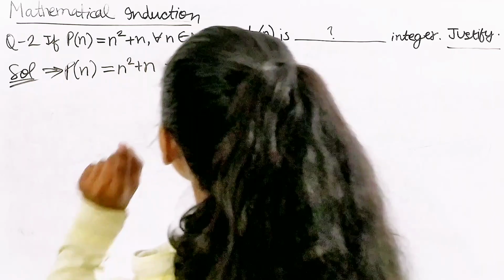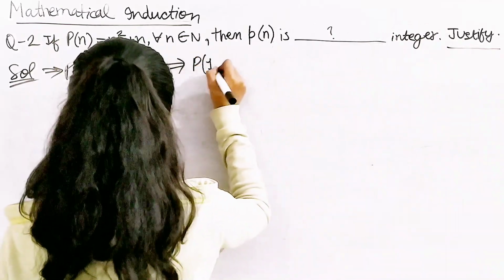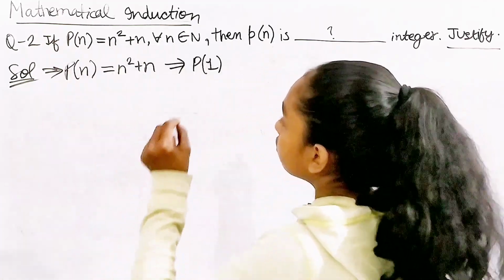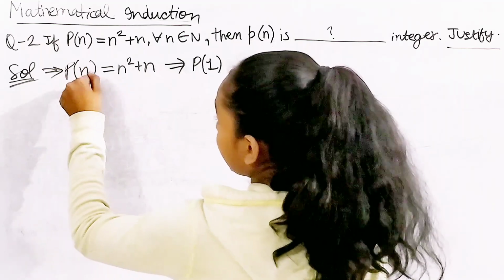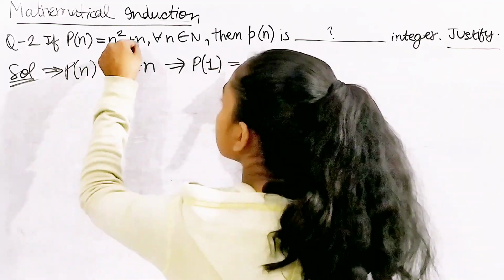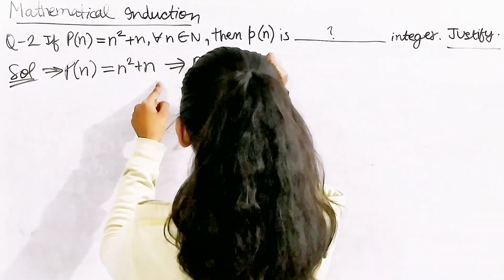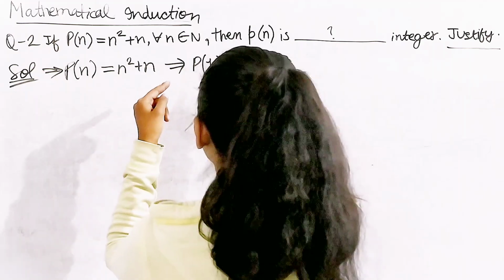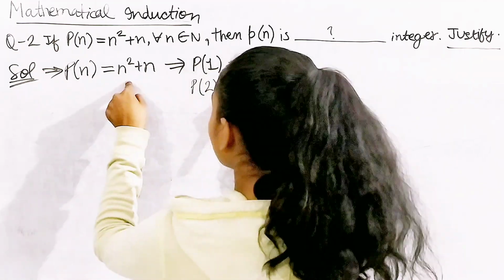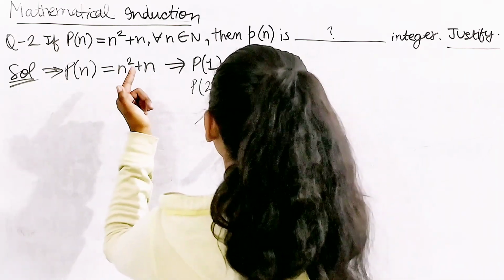For P of 1, what is it going to be? If I put the value 1 in place of n, following this pattern, it's 1 square, which is 1. 1 plus 1 will be 2. And for P of 2, it's 2 squared, which is 4.